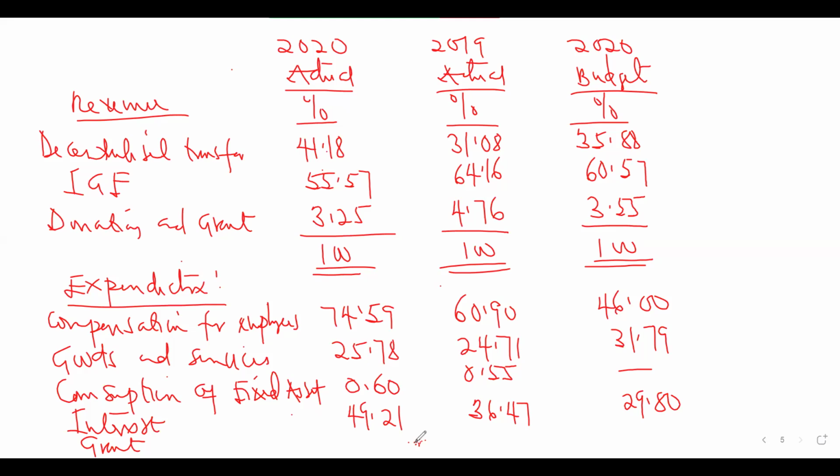Okay. 1.08. 3.41. Okay. So we have other expenses.